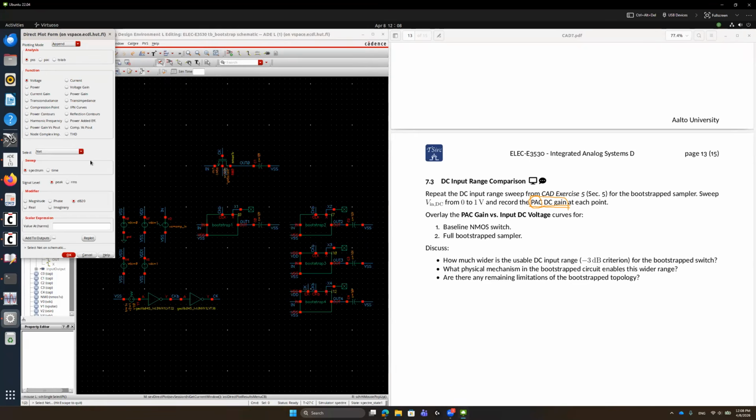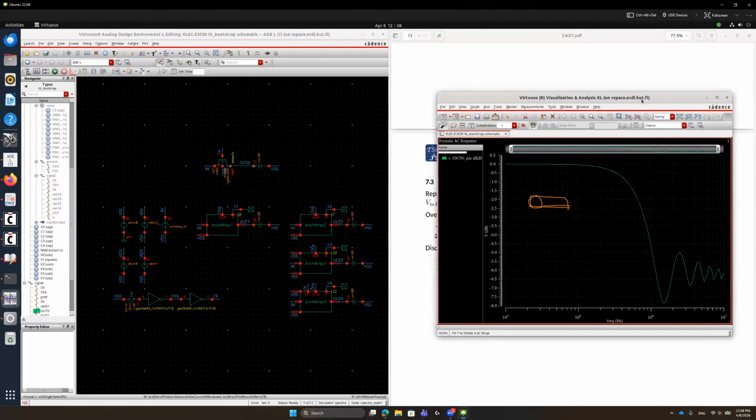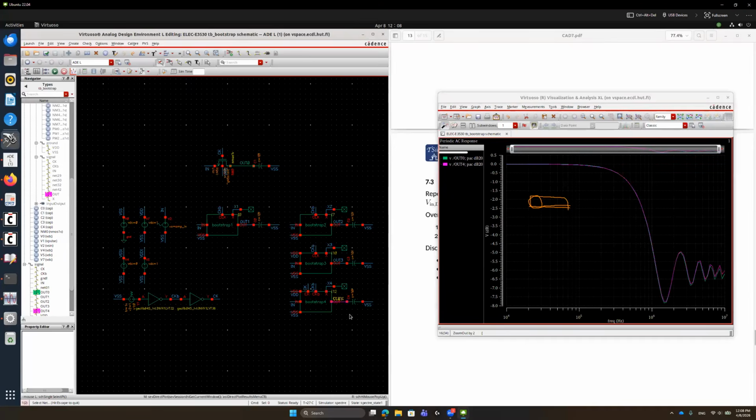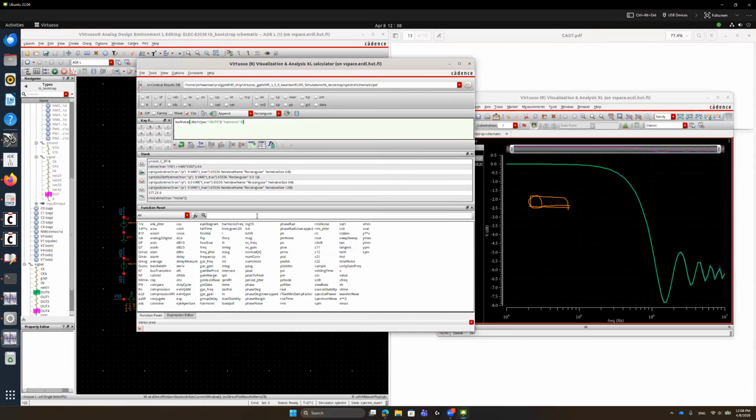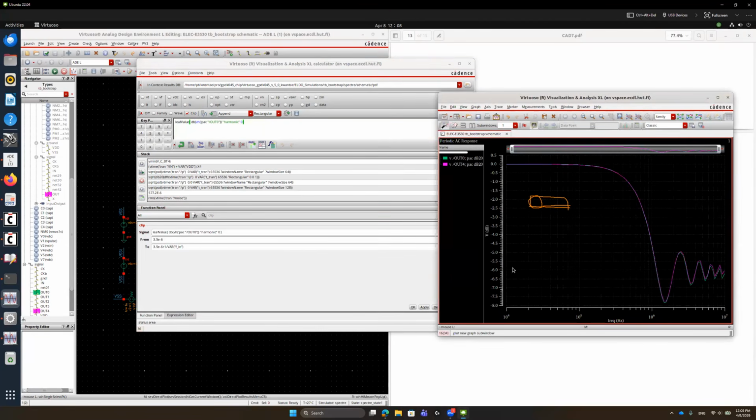Okay, so voltage PAC dB, this one here as we observed, and this is our bootstrapped switches PAC. For getting the DC part, you can clip it.